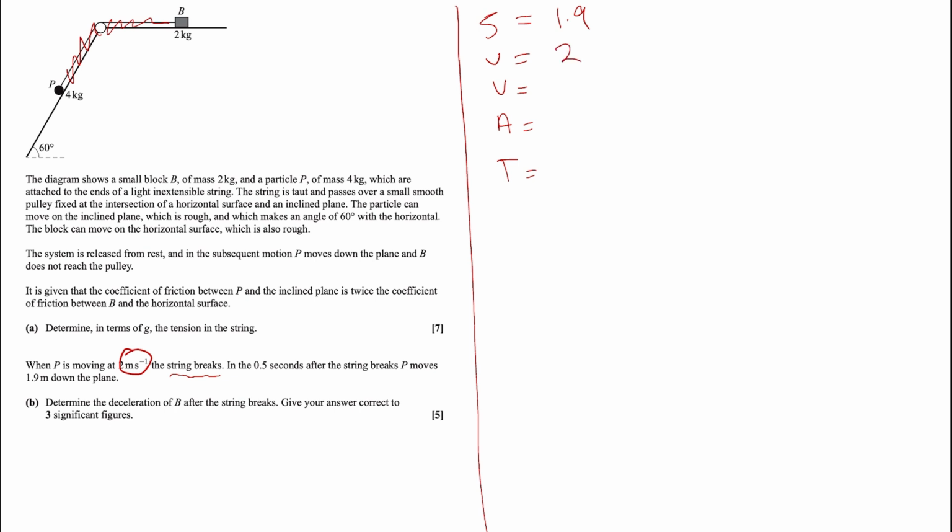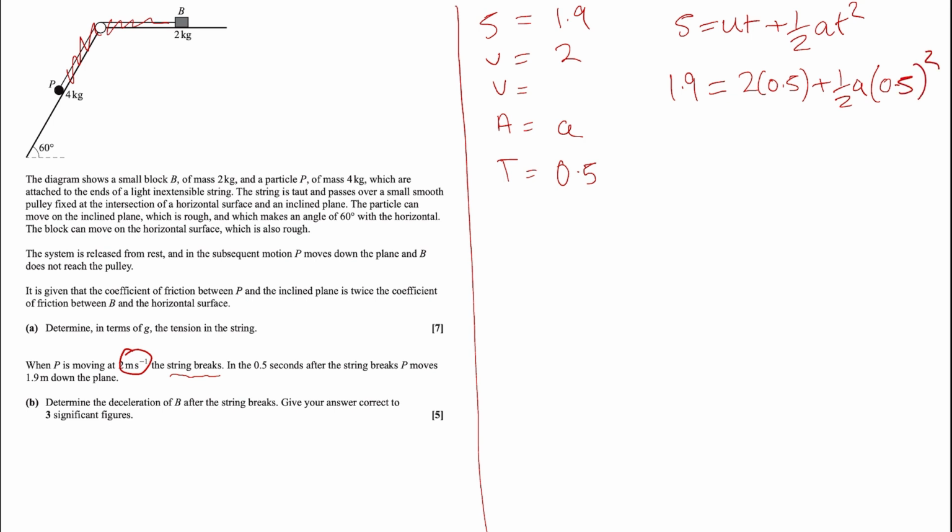And then that takes 0.5 seconds, and we want to know A. So if you think about it, P is still going to be accelerating. So which equation is this? Well, it's S equals ut plus a half at squared. So 1.9 equals 2 lots of 0.5 plus a half a times 0.5 squared.